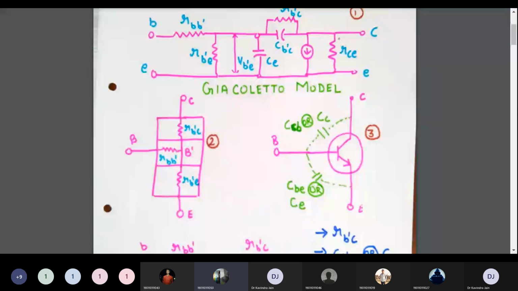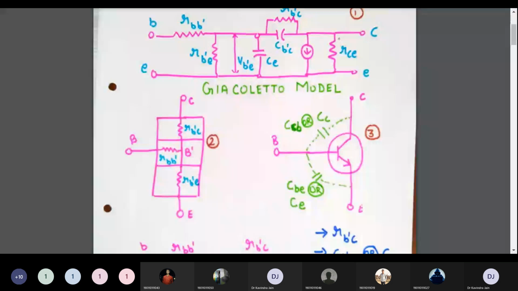Yes, sir. You can. When a PN junction diode is reverse biased, a capacitive effect is seen, and that capacitive effect is known as transition capacitance.